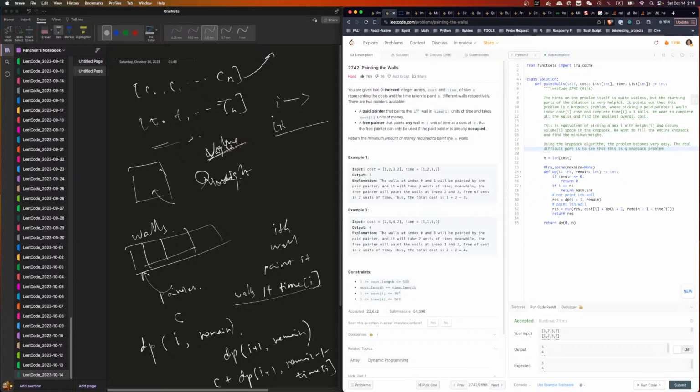It shall be the remaining number, right? DP I remain returns the minimum cost starting from cost I with remain number of walls to paint. One squared because I have 2.